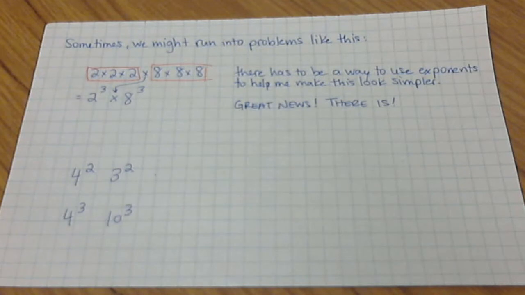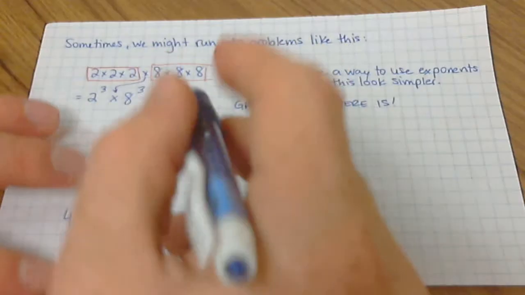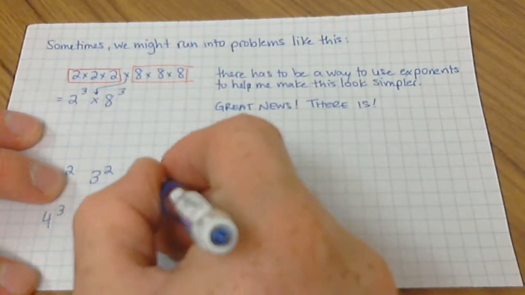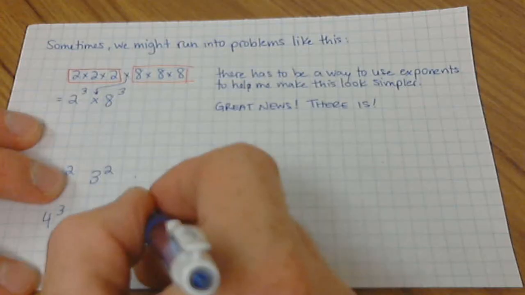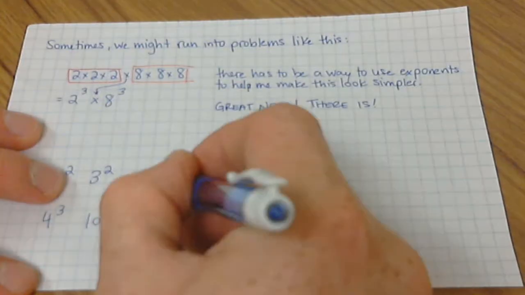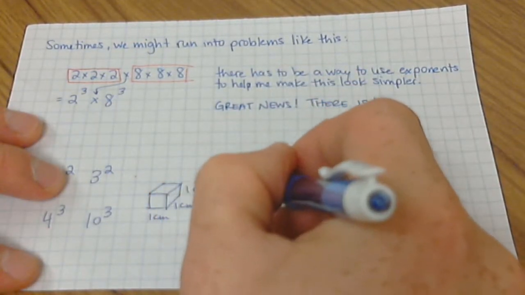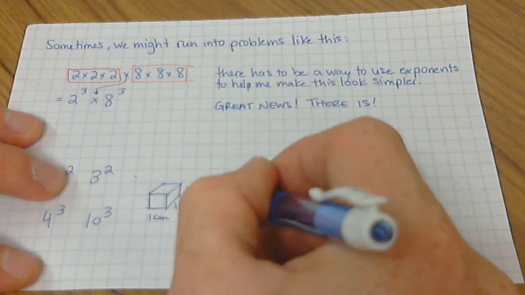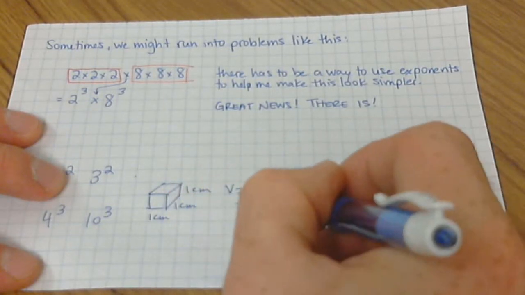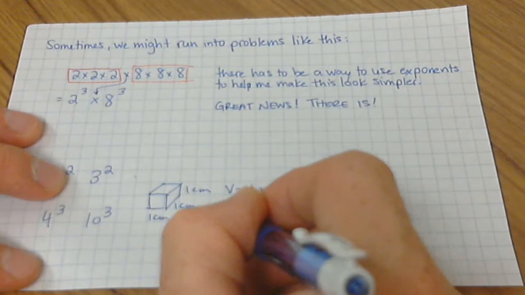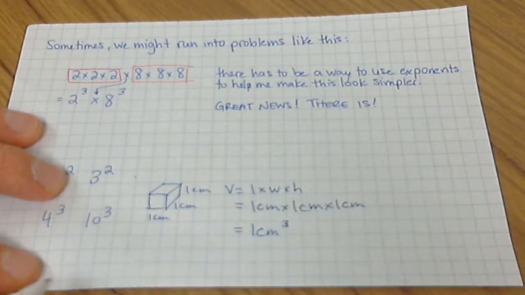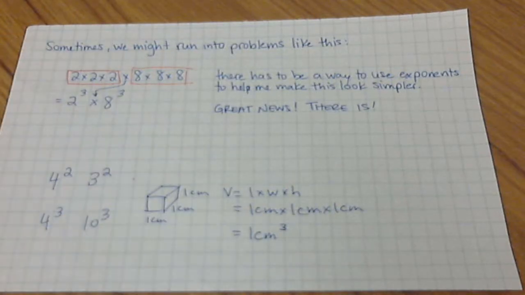Typically because we talk about volume in terms of, here's a cube and it's 1 centimeter by 1 centimeter by 1 centimeter, and then when we find the volume, you multiply the 3 numbers together, length times width times height, so it's 1 centimeter times 1 centimeter times 1 centimeter, which actually equals 1 centimeter cubed, and it happens to actually be a cube. So that's why. So when you hear me talk about something squared or something cubed, squared means to the power of 2, cubed means to the power of 3.